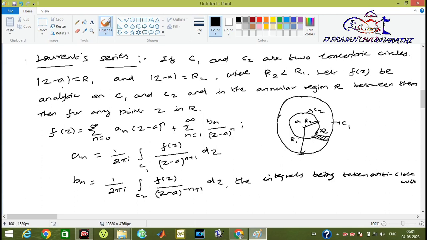Now I am considering a small point, a small z, inside the annular region, and I am going to draw a circle of radius rho.